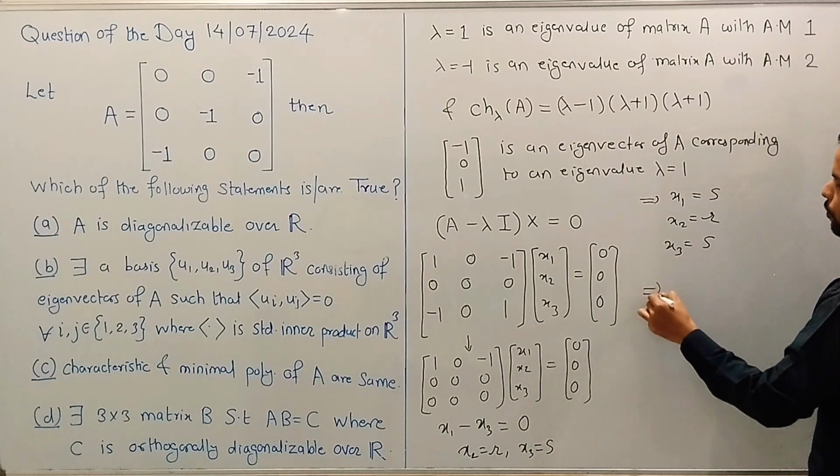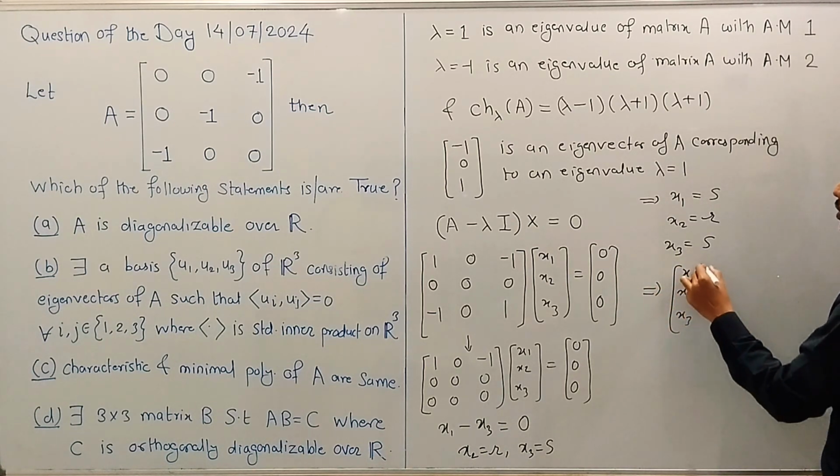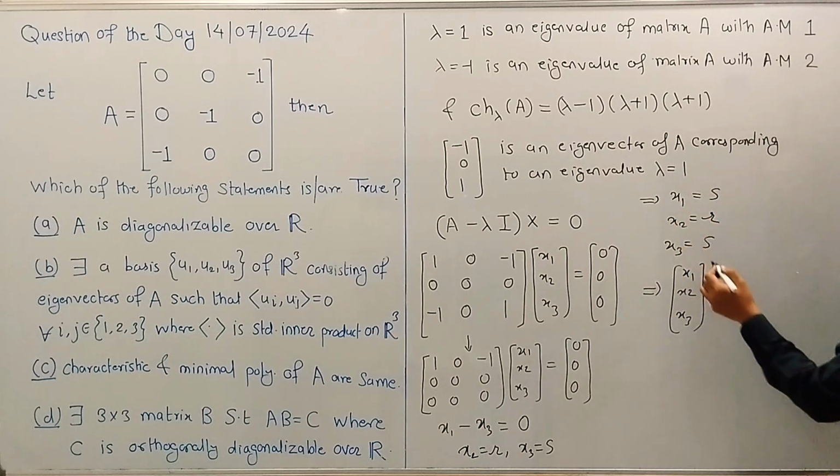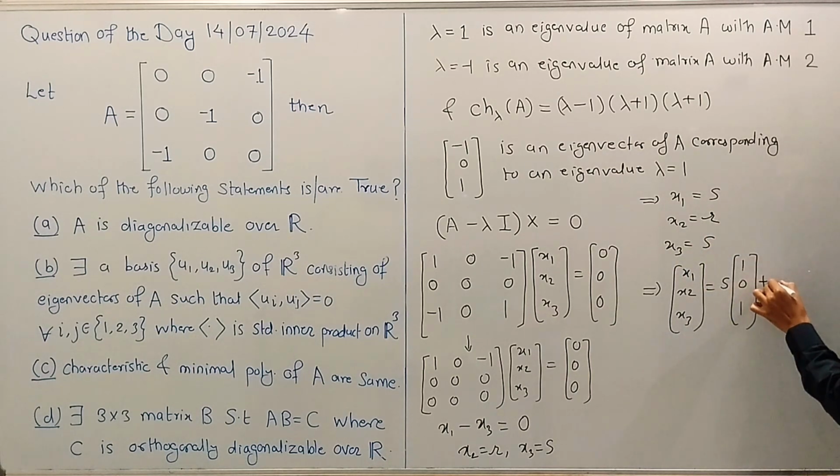Writing this in column form, we get the column vector x1, x2, x3 equals s times 1, 0, 1 plus r times 0, 1, 0.